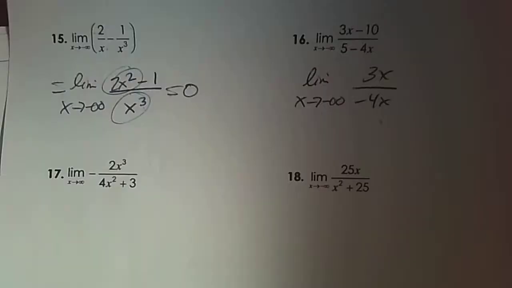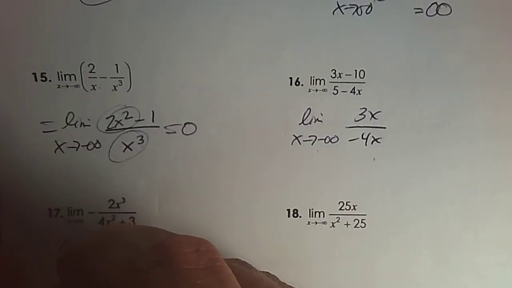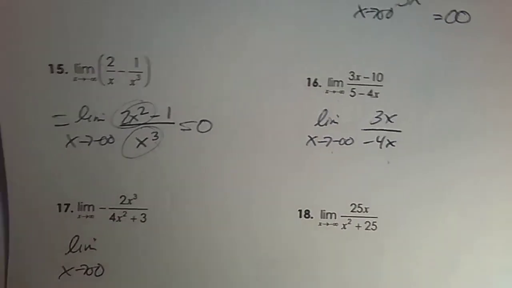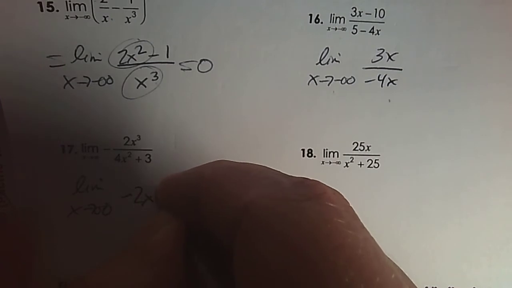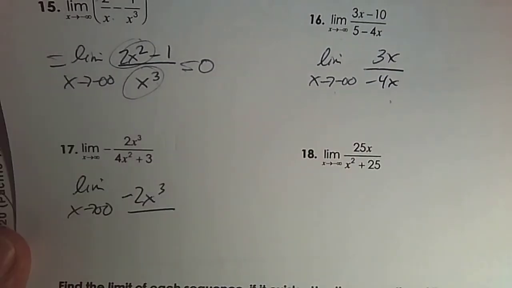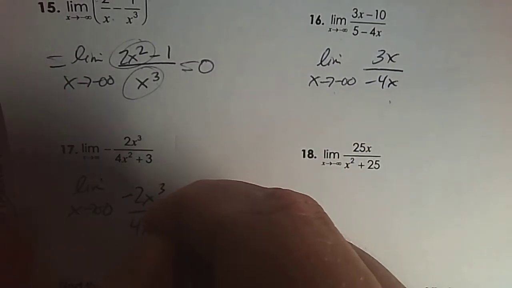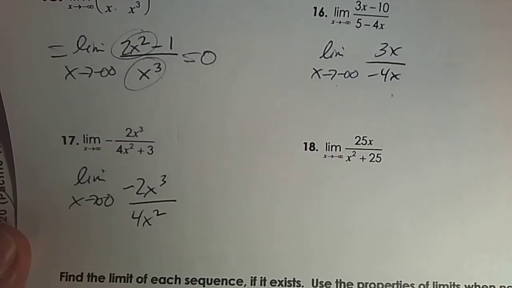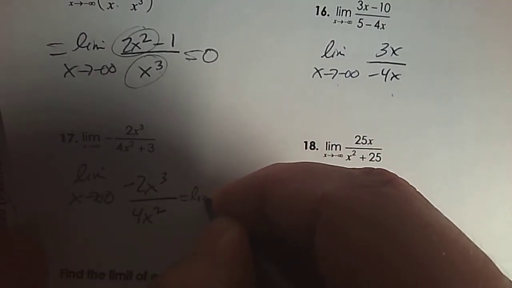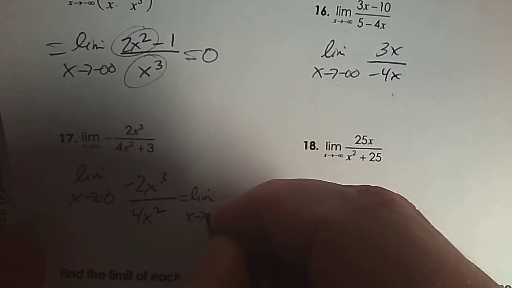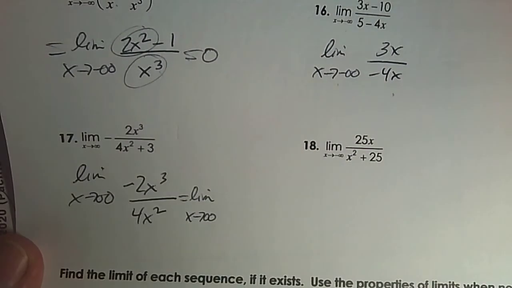Number 17, again, we're going to write this limit using the power. So what's the power here? So we have negative. I'll just make that join the numerator. It could be either one. And then the denominator. So a couple things I want you to notice. If I simplify this, I want you to look at what's simplified in terms of end behavior, like a polynomial.